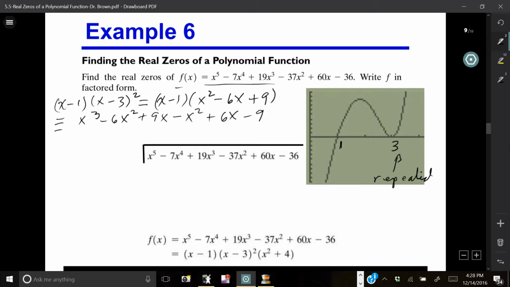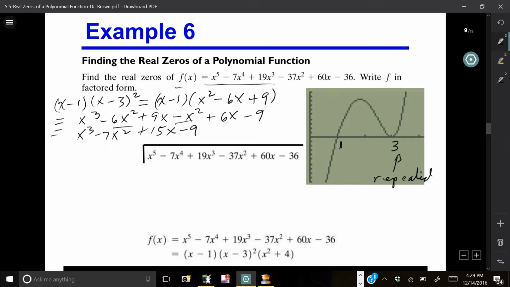And notice this becomes x cubed. Adding up your x squareds, you get minus 7x squared, plus 15x minus 9.